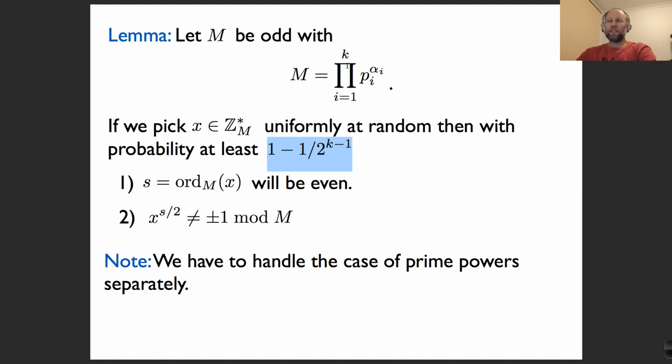But as long as k is at least 2, so m has at least 2 distinct prime factors, then this probability is at least a half. So with probability at least a half, when we choose an x uniformly at random, we're going to get lucky, and the two conditions that we need are going to hold.